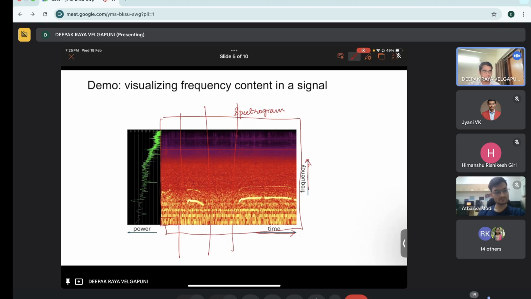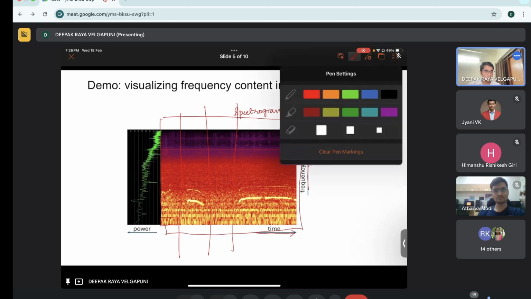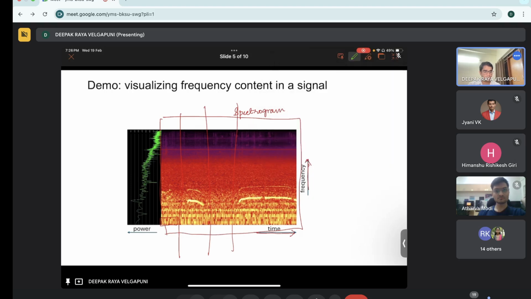Whenever you see a frequency content here, I don't know if you can see the color, but this part you see, right? There is a very high power of this frequency at that point in time. So you can split into time and also visualize. And when you average it, you get this kind of a spectrum. This is what we were seeing right now.